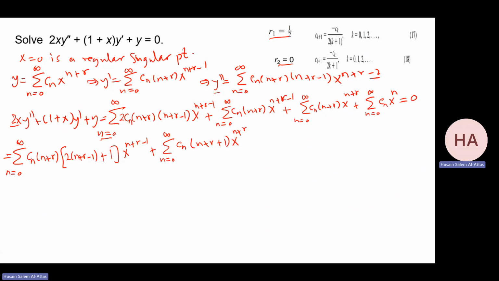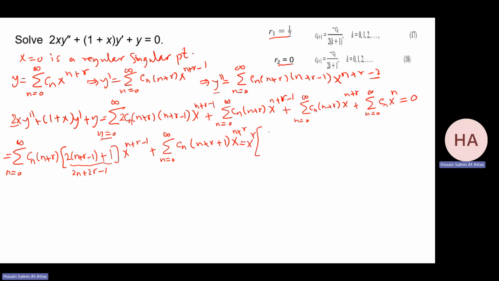Now I need to simplify this. What is this? 2n plus 2r minus 2 plus 1, minus 1. I can take x to the power r as a common factor outside to save time.